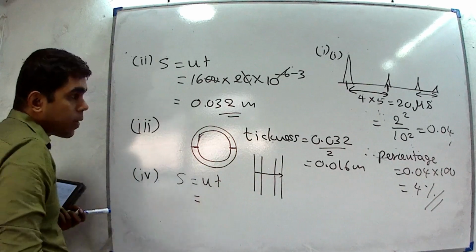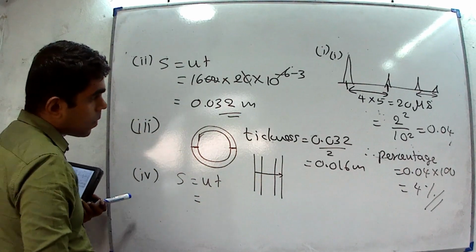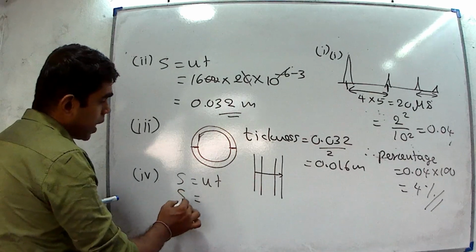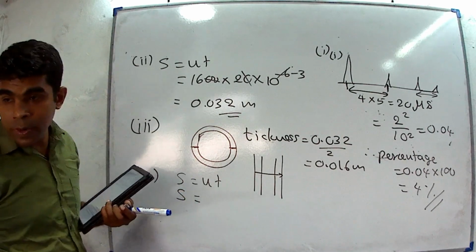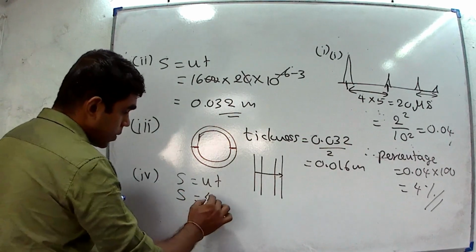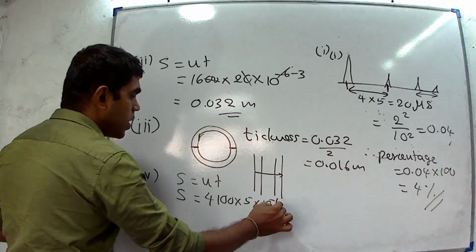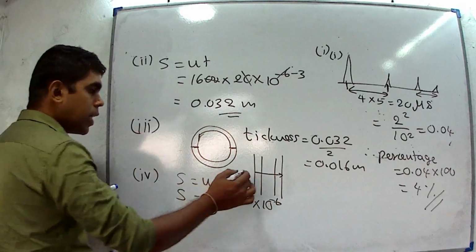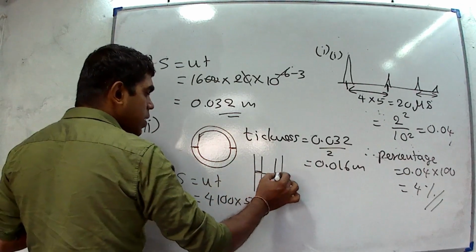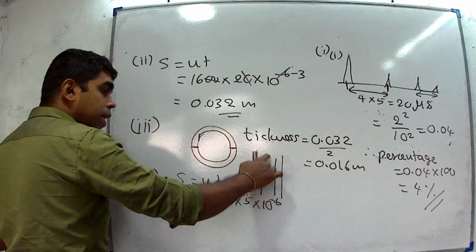Then S, we have to find S. The velocity is given as 4100. The time is 5 microseconds, 5 into 10 to the power minus 6. Now this one is the sum of this thickness and this thickness. There is a cavity in the bone.